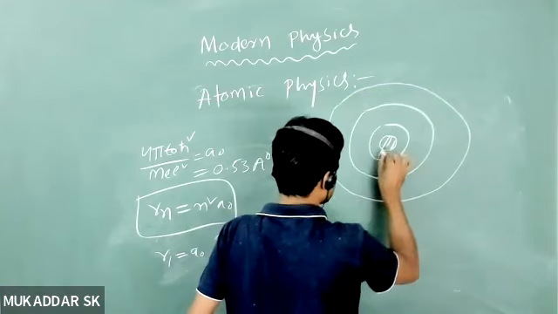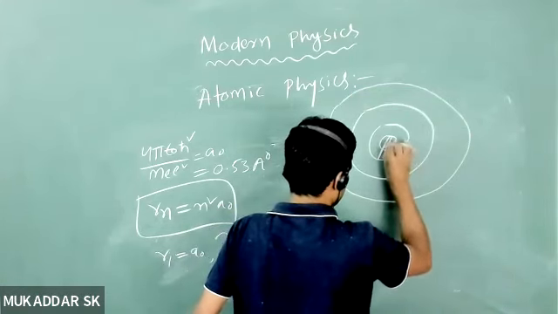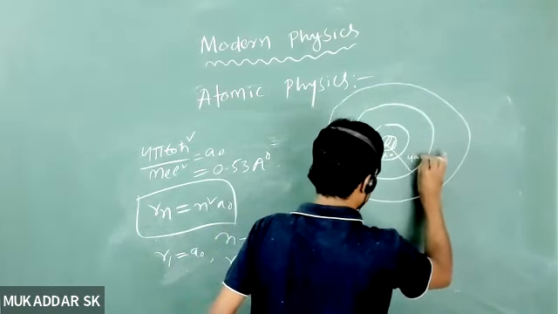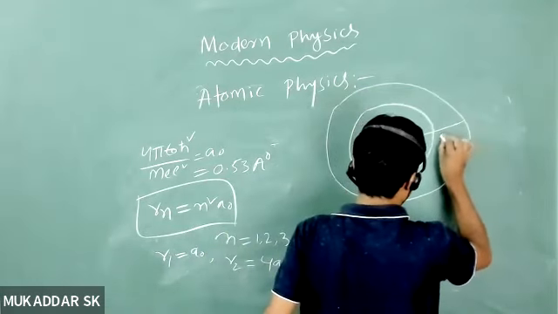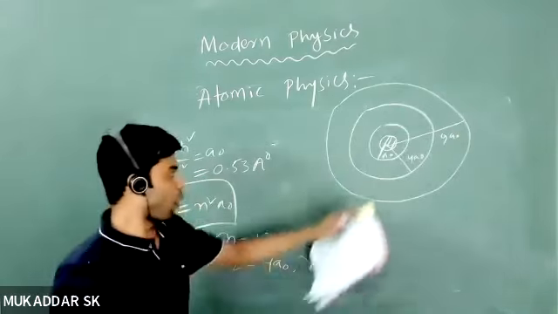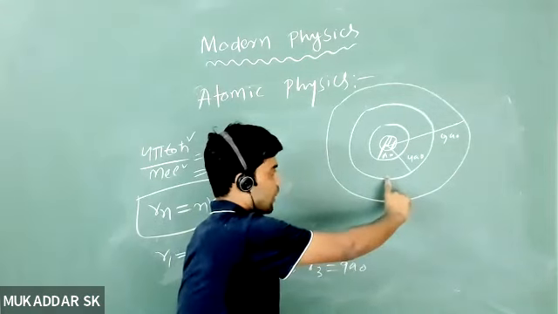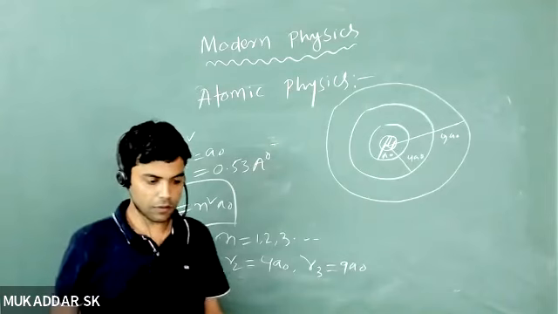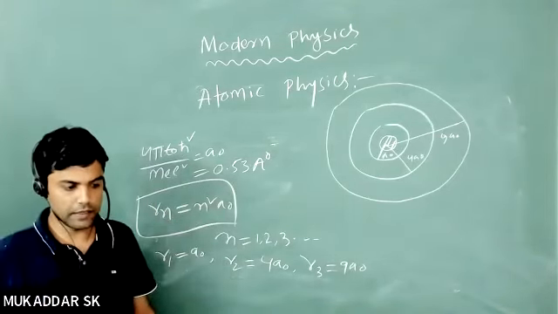So this radius from the center will be a naught, this will be 4 a0, and then this will be 9 a0. You see they are widely separated. The gap between two successive orbits is very large. Did everyone understand? Any doubt?